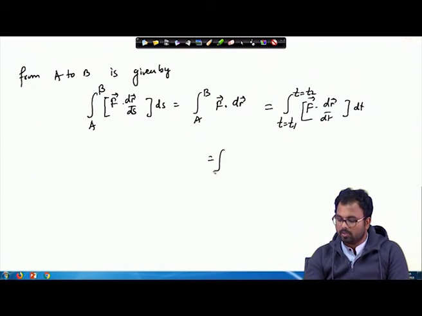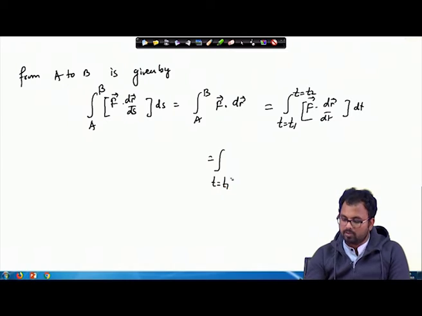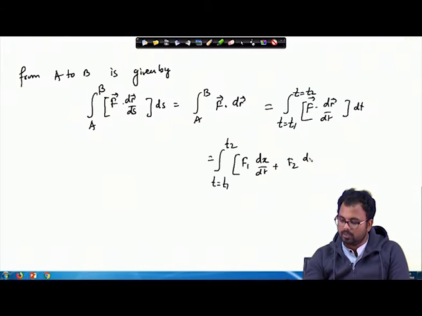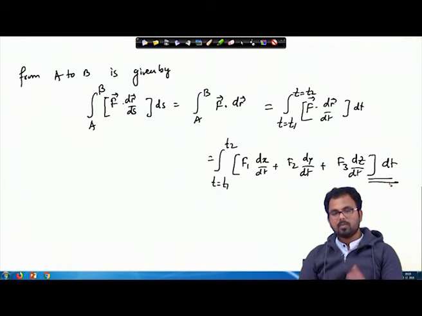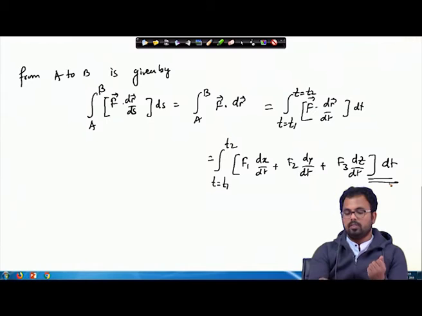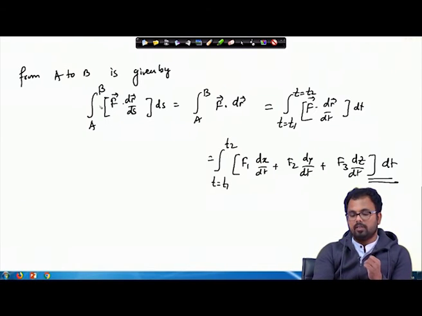We can also write it in Cartesian form: F1 dx/dt plus F2 dy/dt plus F3 dz/dt, times dt. This is the required integral of the function F dot dr/ds from the point A to B.